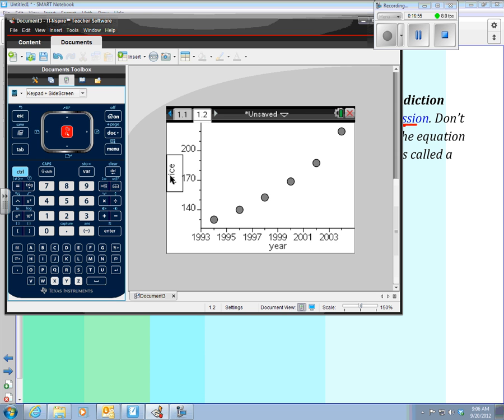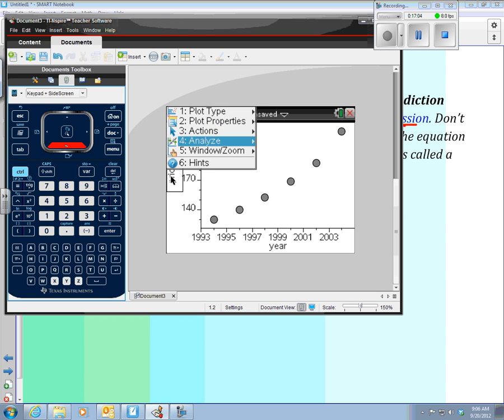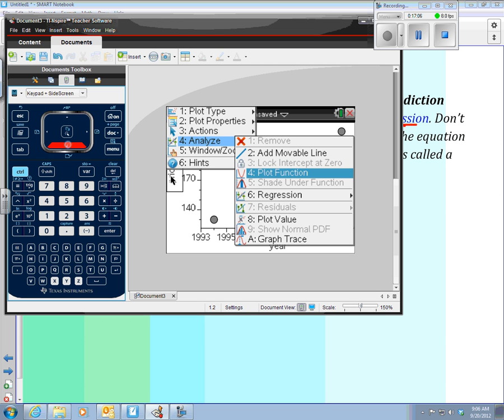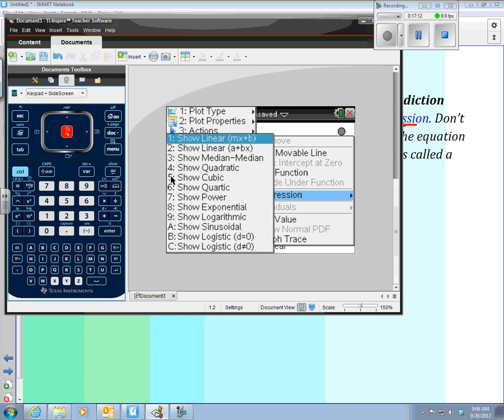What we're going to do now is come up with our prediction equation. And the way you do that is you hit menu, and we're going to go down to analyze this graph. Then we're going to go down to regression, linear regression, our line of regression. Select it, and then you can see right here the top one, it says show linear equation mx plus b form.